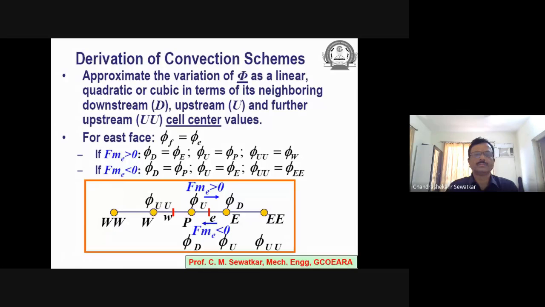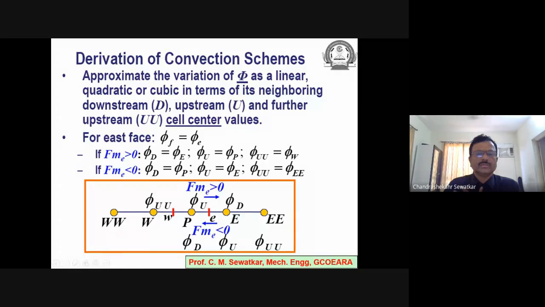For the derivation of a convection scheme, that is, the expression to determine the value of the variable on the face of the control volume, we will make some assumptions and change the notations which we were using so far.